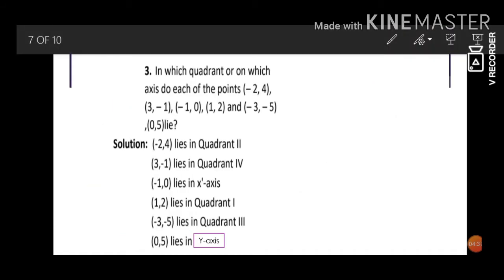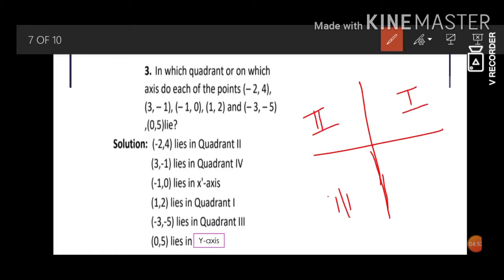Now the third question is: in the given quadrant, in which quadrant or axis do the following points lie? First we need to draw a Cartesian plane. This is our quadrant 1, 2, 3 and 4.